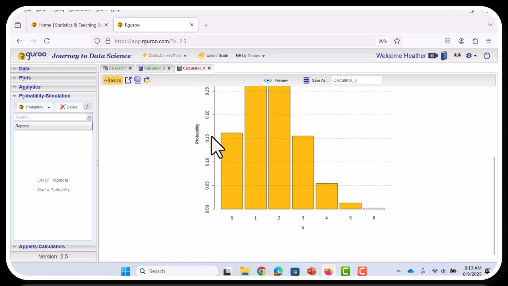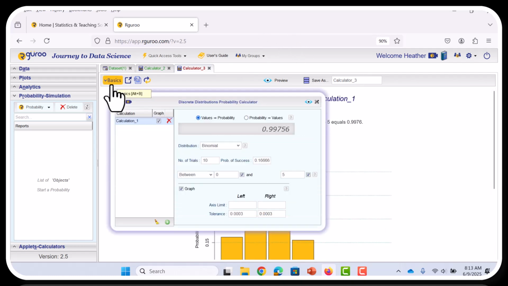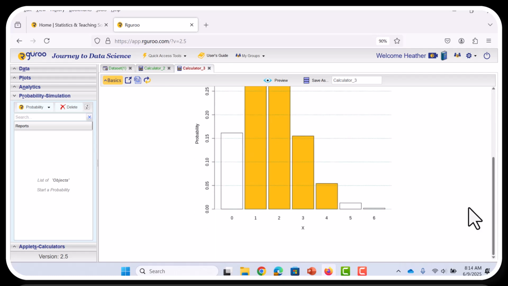If you look at the graph, we're highlighting 0, 1, 2, 3, 4, and 5. We want to exclude 0 and we want to exclude 5. So how can I fix that in my menu? Well, all I have to do is uncheck these two little boxes here. Then if I hit the I again, now I have excluded both endpoints. So I have the probability that x is between 0 and 5 exclusive. In other words, the probability that x is equal to 1 or 2 or 3 or 4.